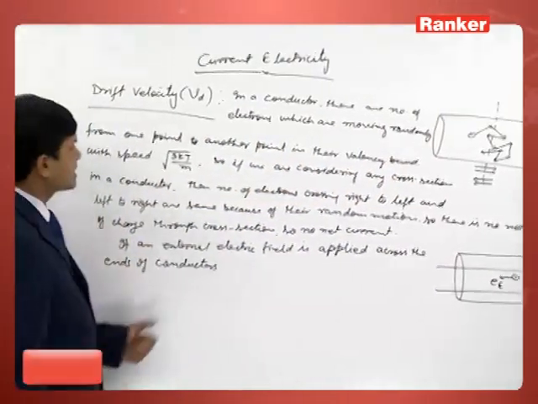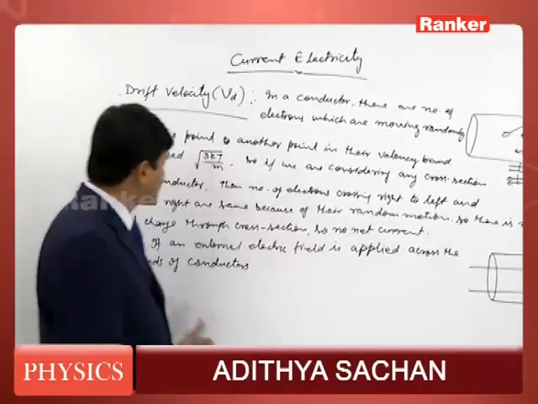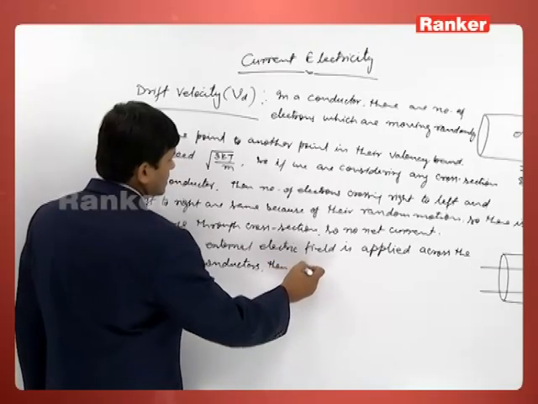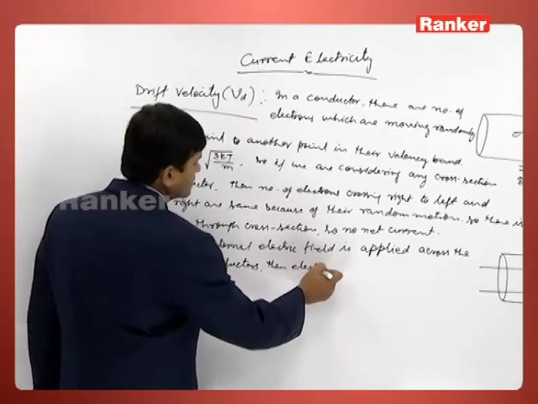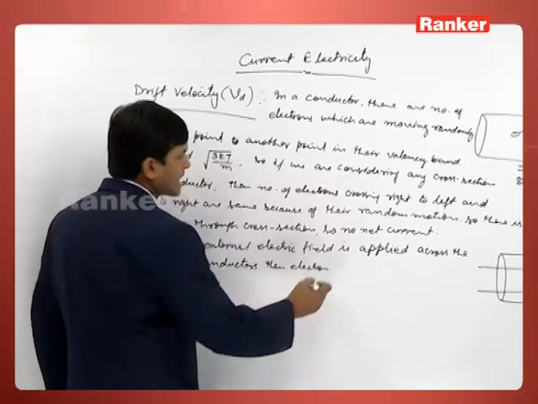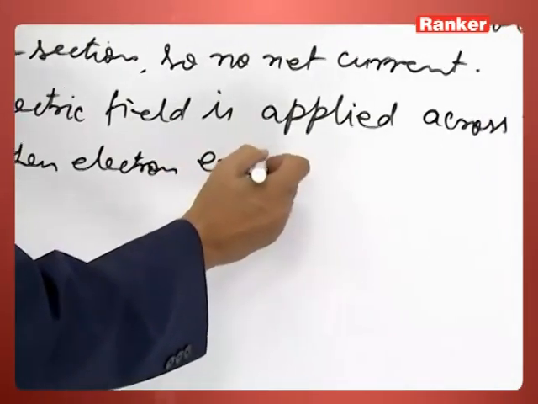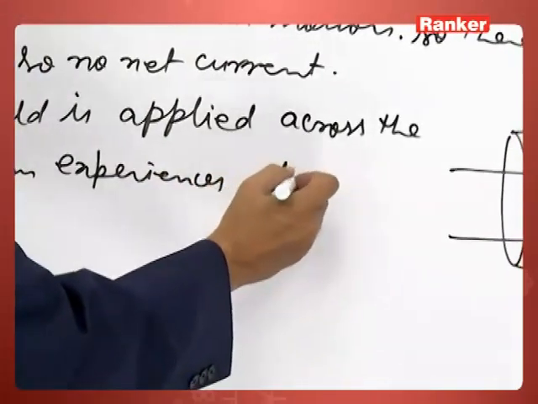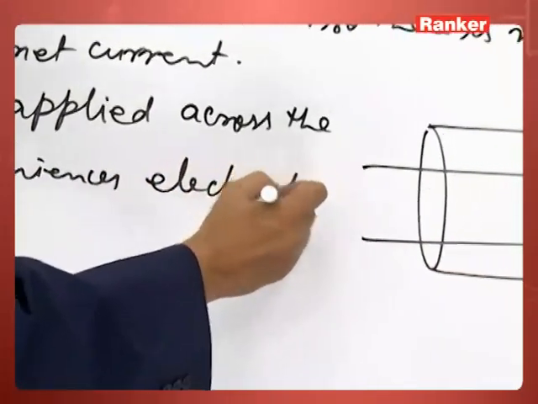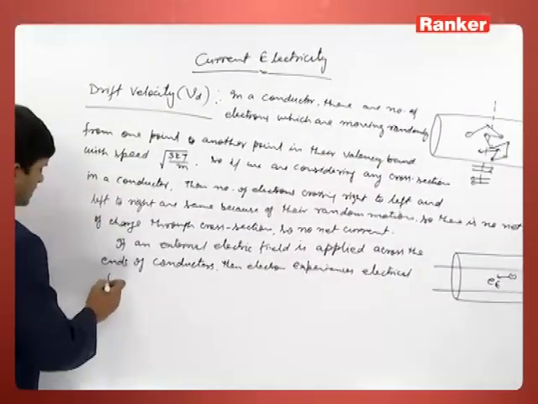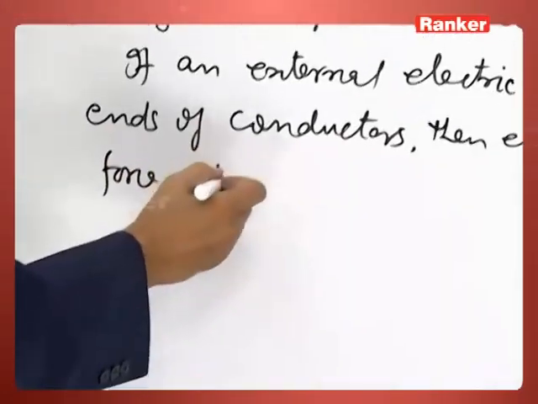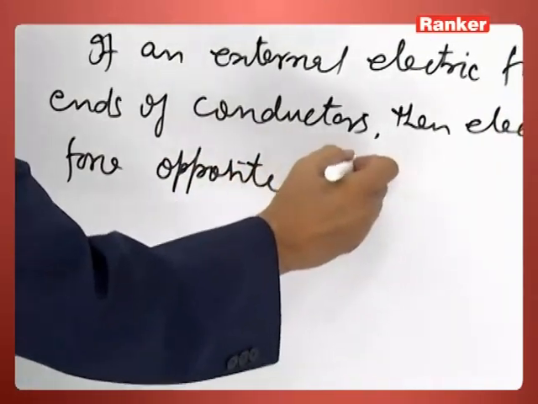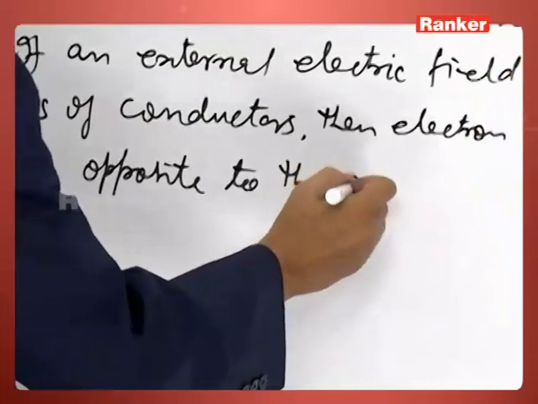So if an external electric field is applied across the ends of the conductor, then the electron experiences an electrical force opposite to the direction of the field.